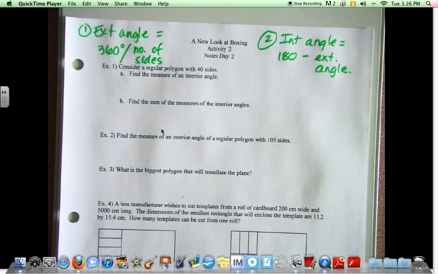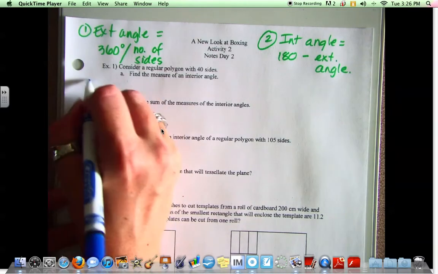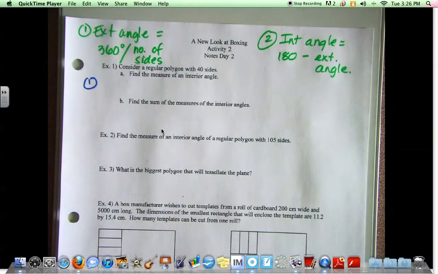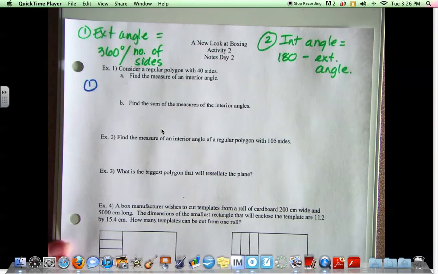So the first problem, example 1, asks you to find the measure of an interior angle. So we have a regular polygon with 40 sides. The interior angle is the second thing that we can find after we find the exterior angle.